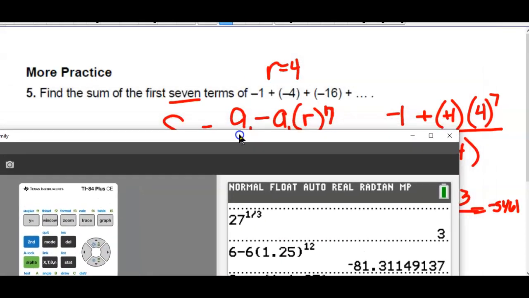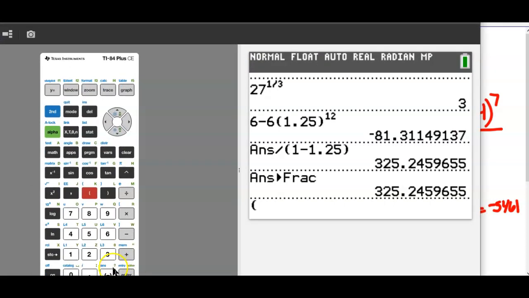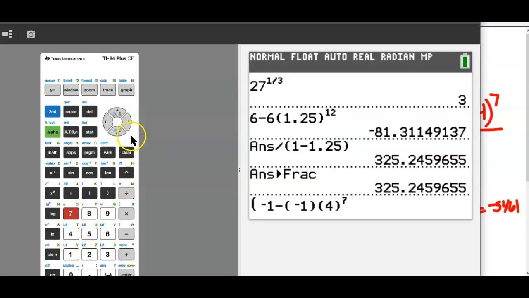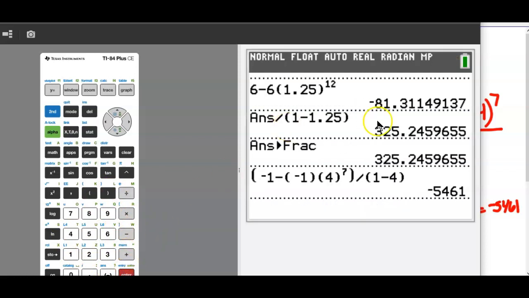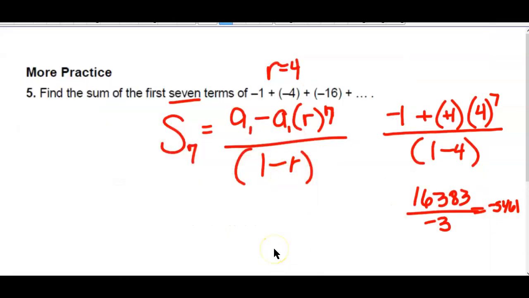The first term was -1 minus, and then it was -1 times 4 to the 7th, and then that whole top is over 1 minus r, which was 4. Okay, that's what I got over here, -5461.